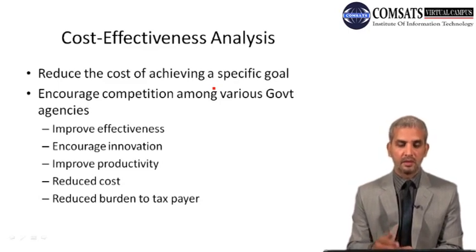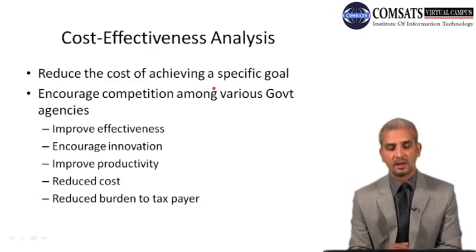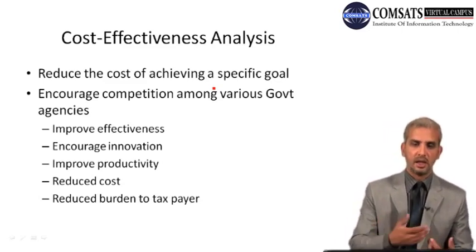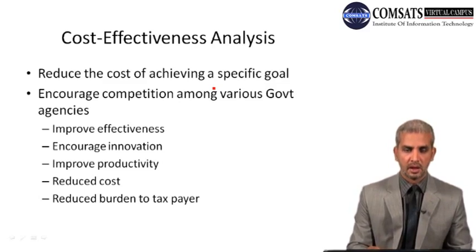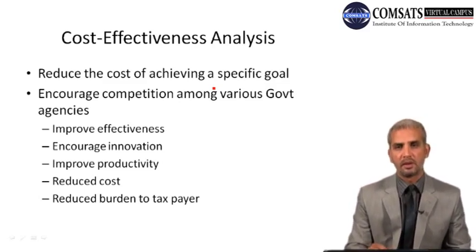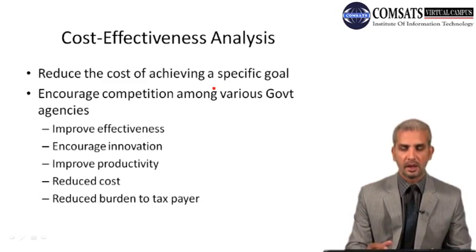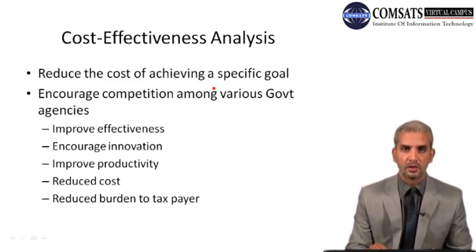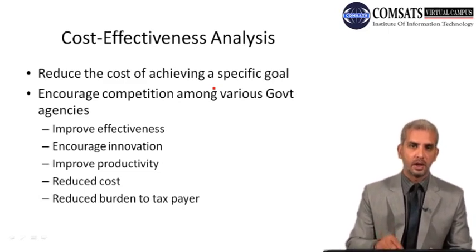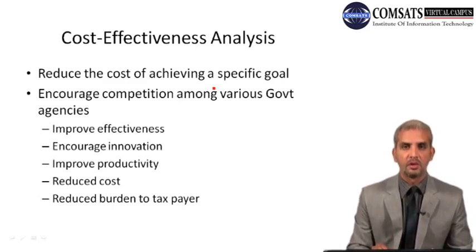Another advantage of cost effectiveness analysis is that it encourages competition among various government agencies, because, as we discussed in our last lecture, the aim of bureaucracy might be to get more power, and for that they need more resources, which can be acquired through allocation of more budget.